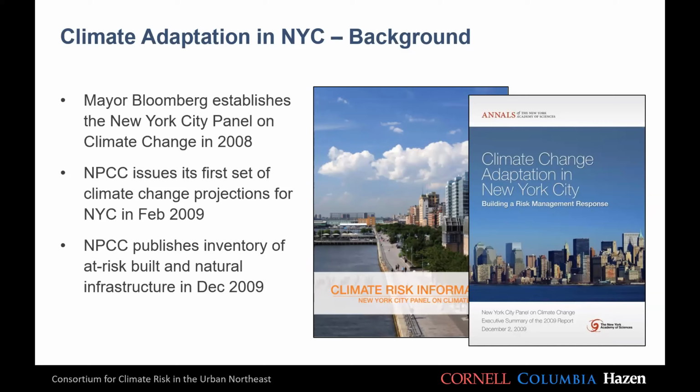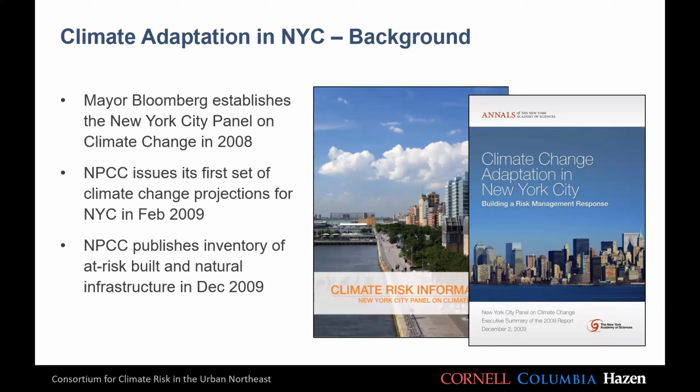Although it's been discussed for a long time in the city, the first official action to start planning for it was initiated by Mayor Bloomberg in 2008. He established the New York City Panel on Climate Change, which is the local version of the IPCC.